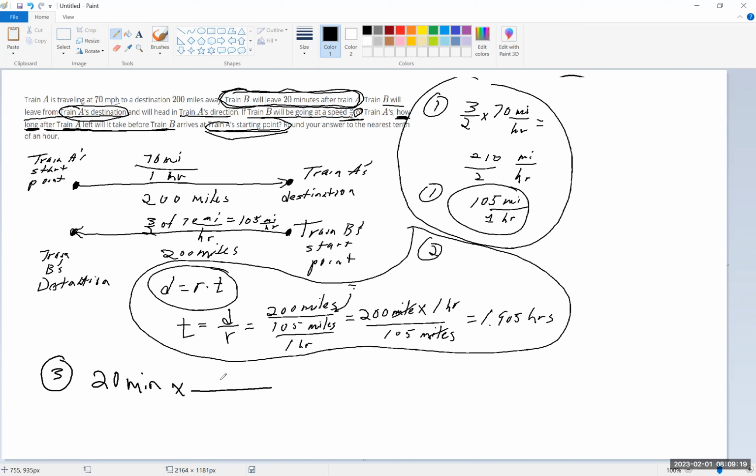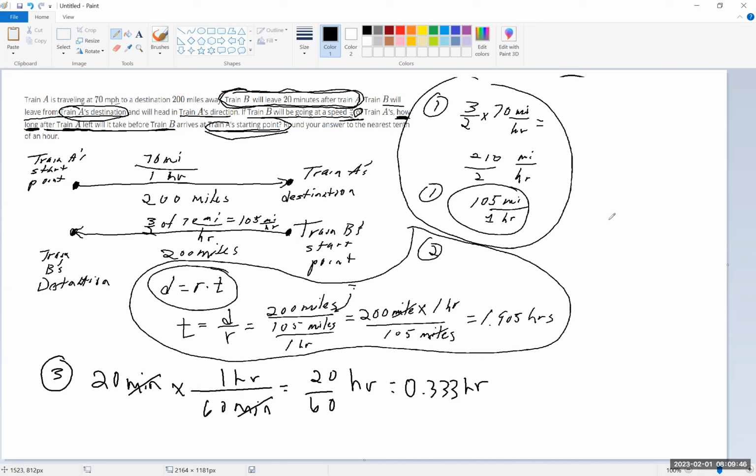And so there are 60 minutes in 1 hour. So this is 20 over 60. The minutes cancel. This is in hours. So this is 20 over 60, which is a third, which works out to 0.333 of an hour.